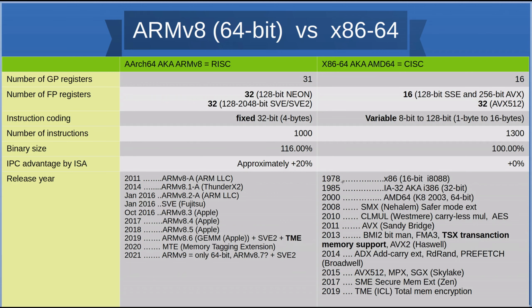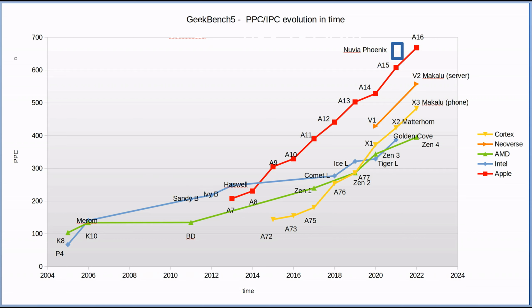And I will just briefly take a look back at the IPC here, and you can see that, for example, Apple has a trend of the IPC like this. It's pretty clear that they can increase the IPC much better than x86.